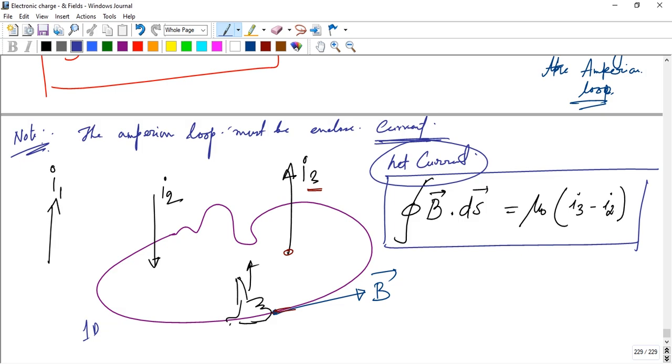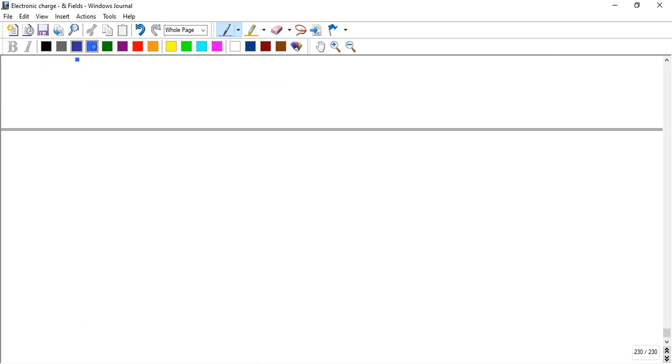Now we choose some assumptions to calculate the application of Ampere's law.